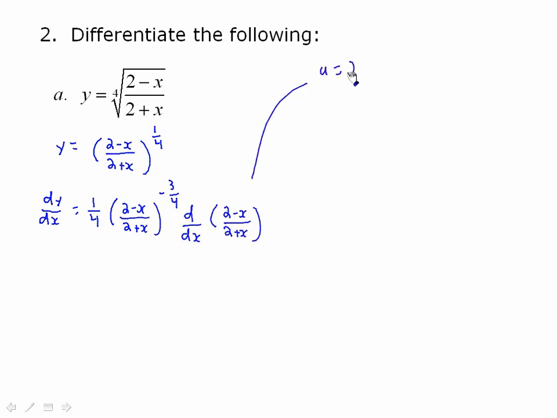So u is equal to 2 minus x. u prime is equal to negative 1. Remember, I'm writing this as u prime and v prime, but I'm aware that I'm actually taking du with respect to x. So then v is equal to 2 plus x. So v prime is equal to 1.